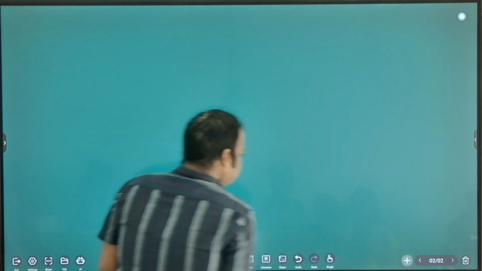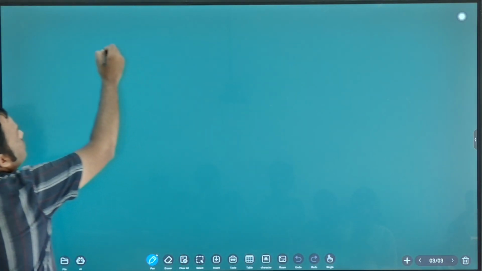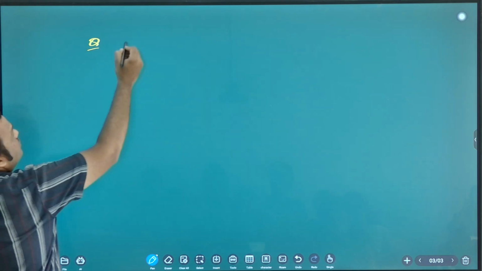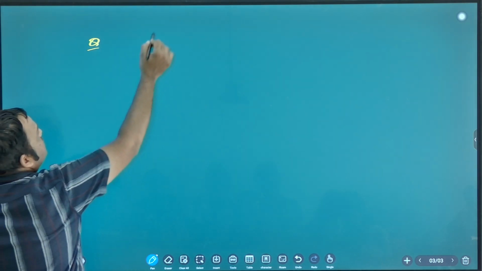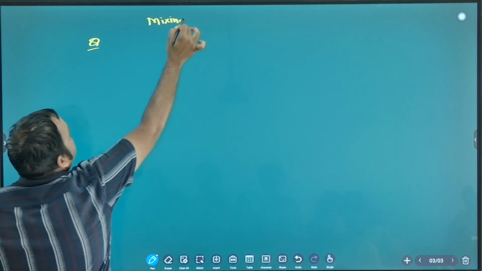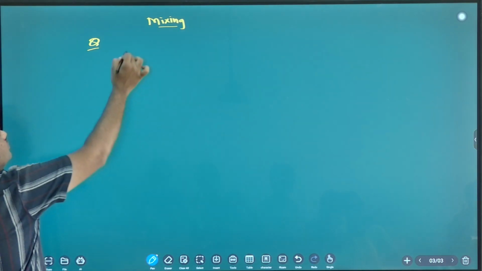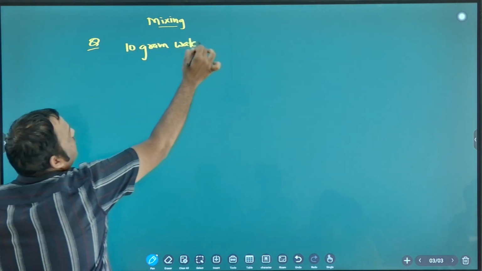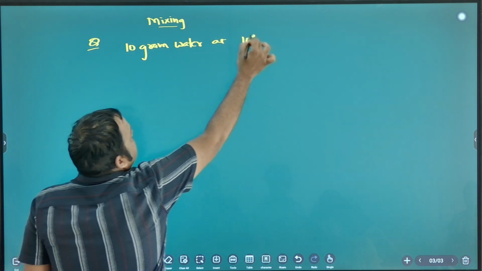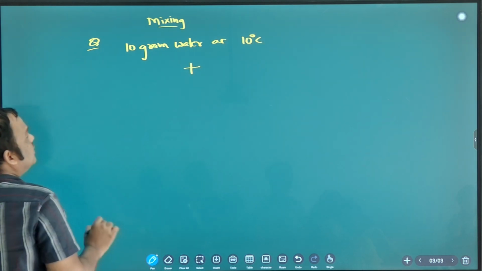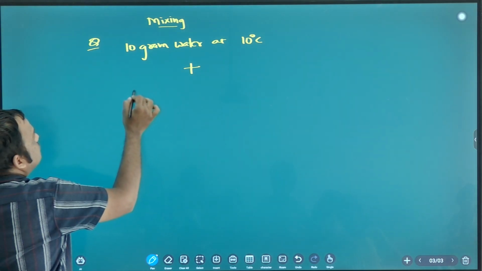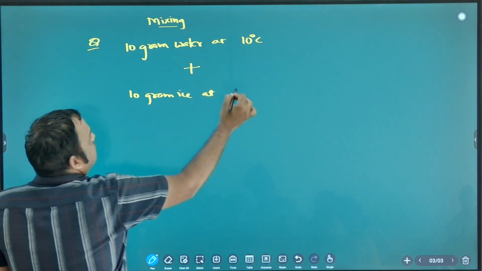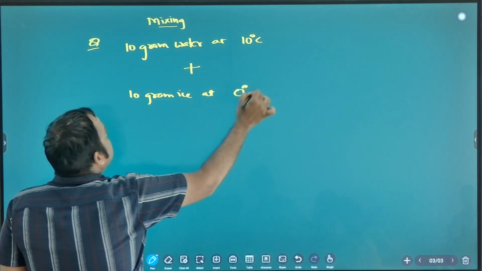So, we will do some questions now. Note down. Mixing questions we will do. Suppose 10 gram water at 10 degrees Celsius is mixed with 10 gram ice at 0 degrees Celsius.